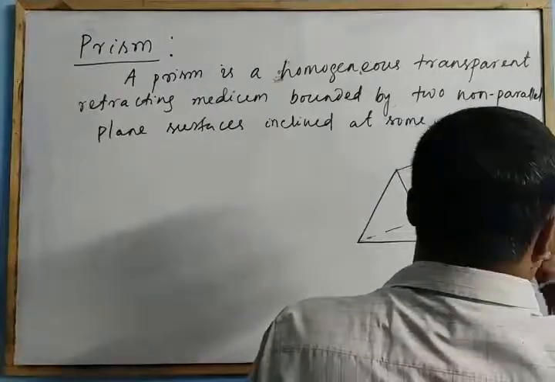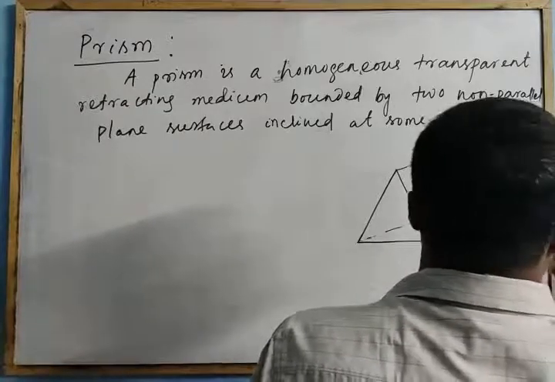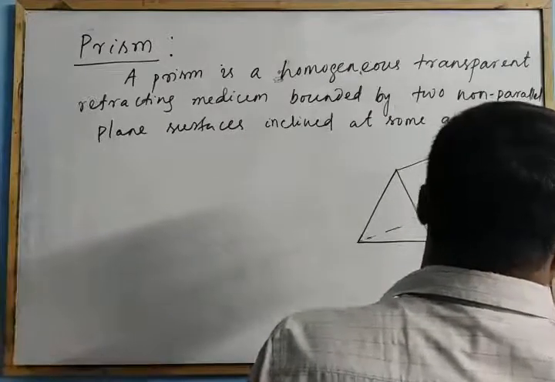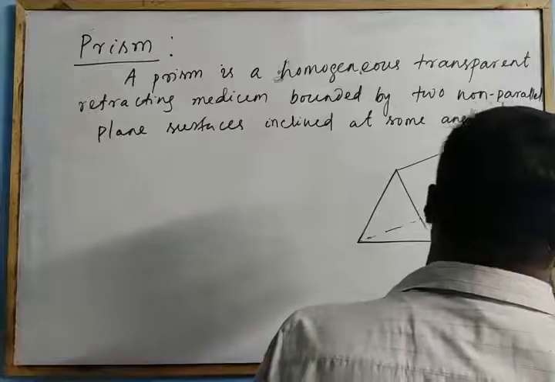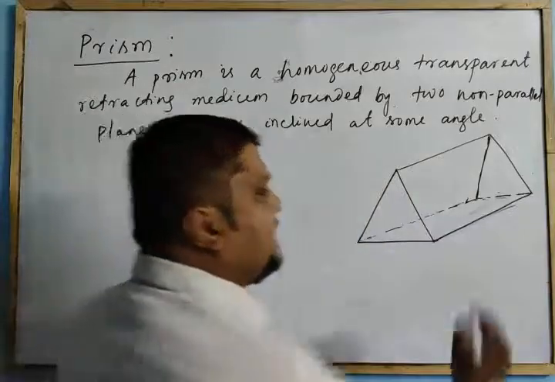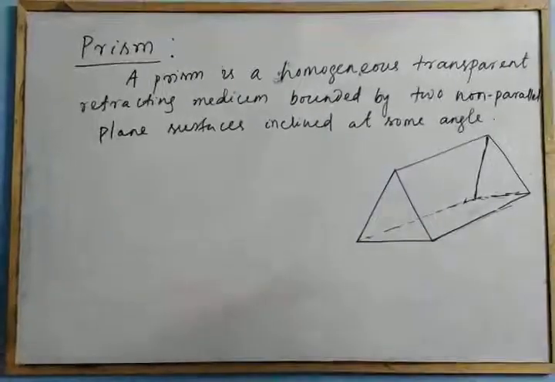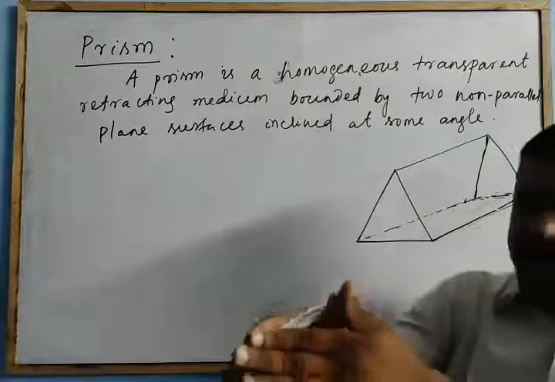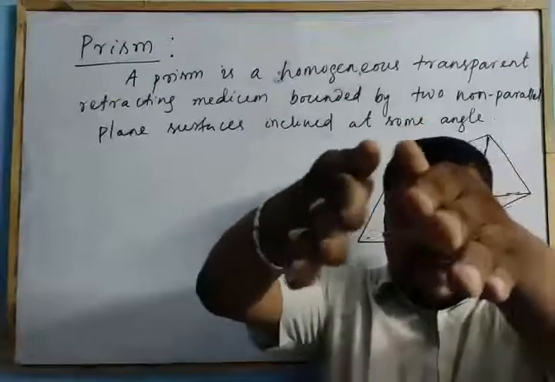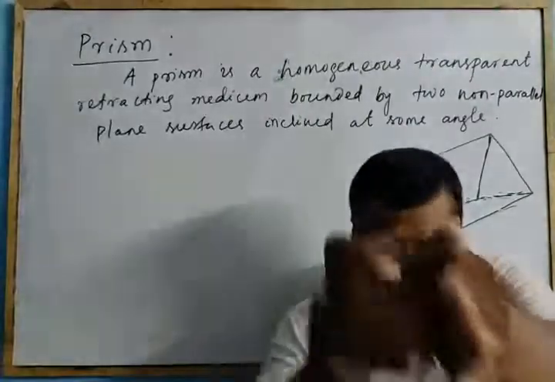Actually, this is a straight line, so it will be more clear. Like this, and we can join like this. That's a straight line. So this is like a prism, with two non-parallel faces inclined at some angle, and in this region some refracting medium is there.